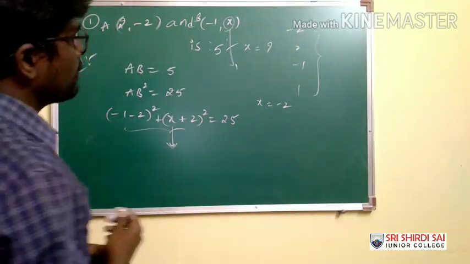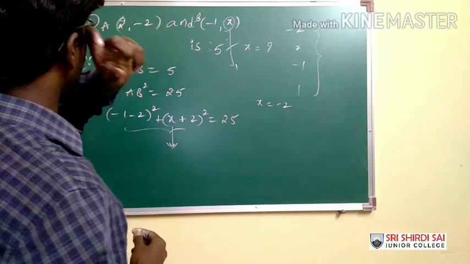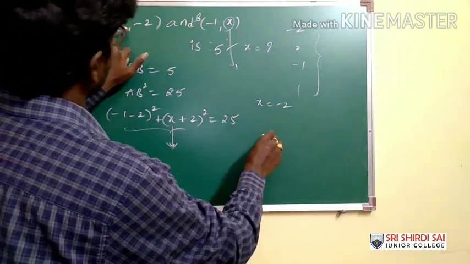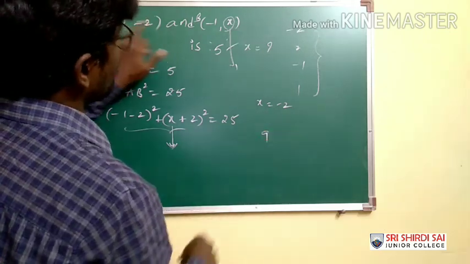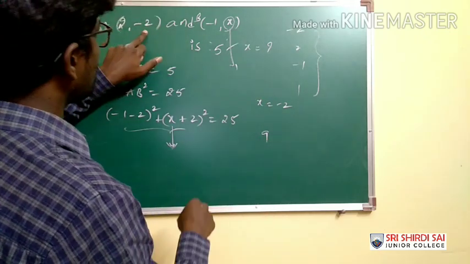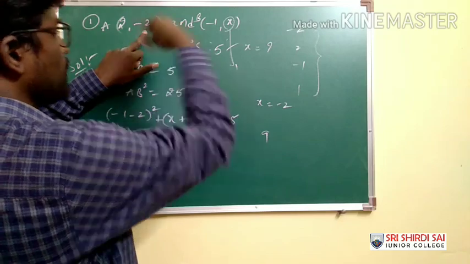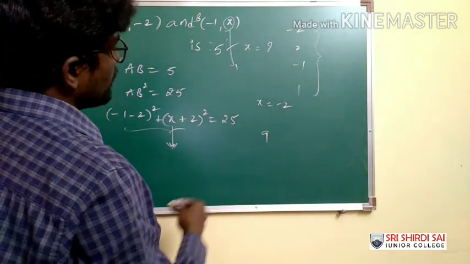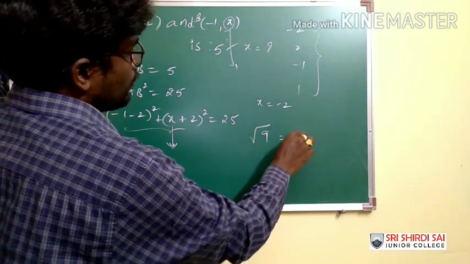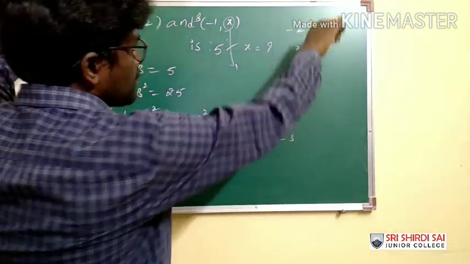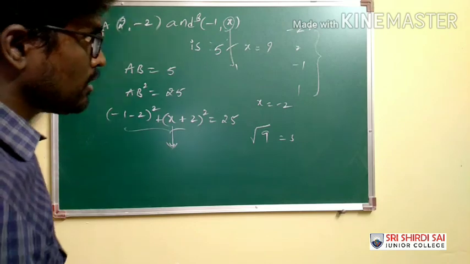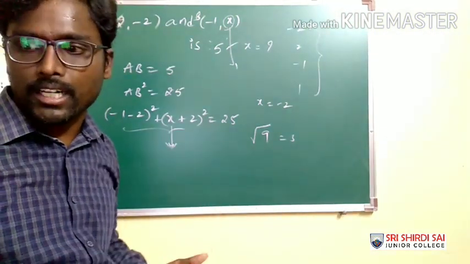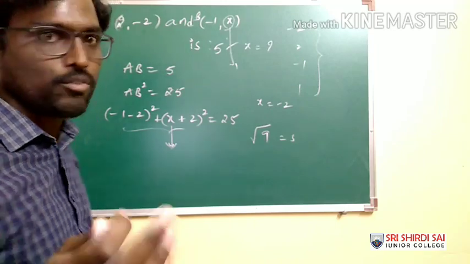When x is -2, the distance is the square root of (-1 - 2) whole square, that is 9, plus (-2 + 2) squared, which is 0. So we get the square root of 9, which is 3. Therefore this value of x is not satisfied.